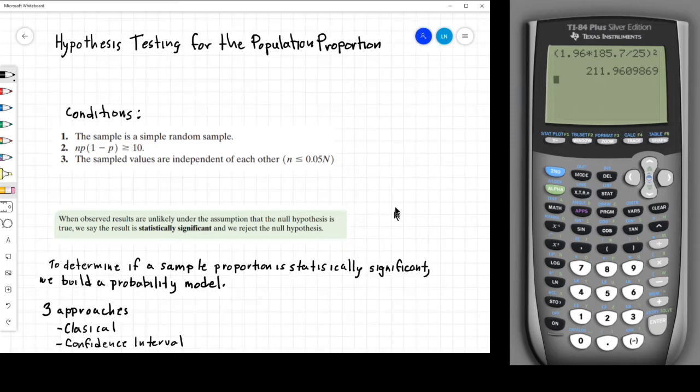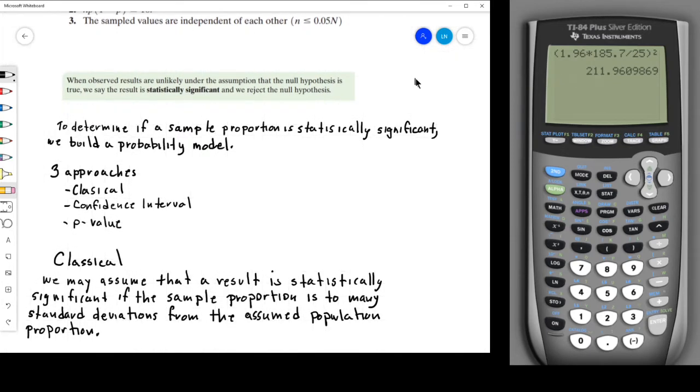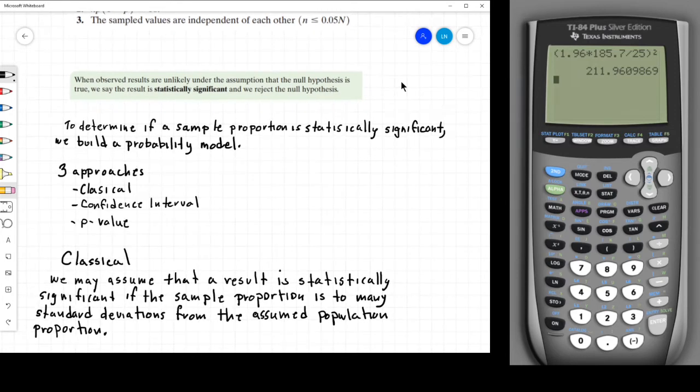Now, when we talk about a hypothesis test, what we're looking for is our sample data. Is our sample data enough to conclude that there is or is not a difference from the population? So when observed values are unlikely, under the assumption that the null hypothesis is true, we say the result is statistically significant and we reject the null hypothesis.